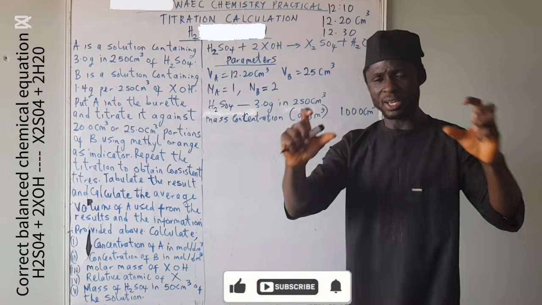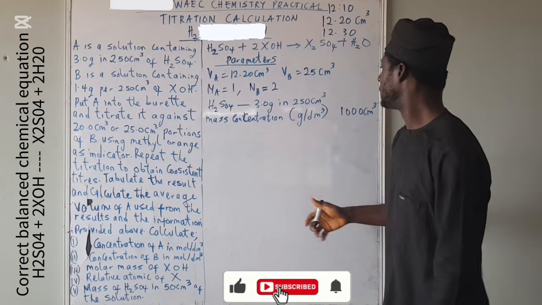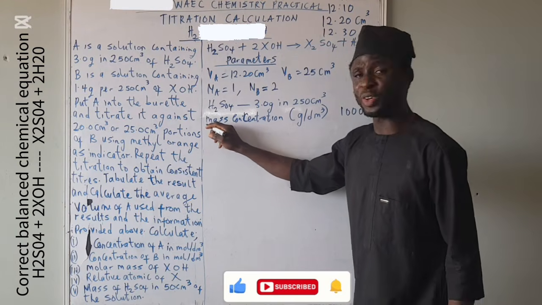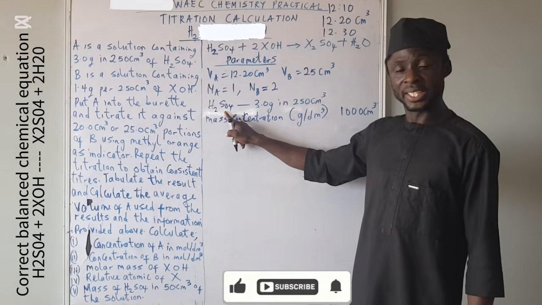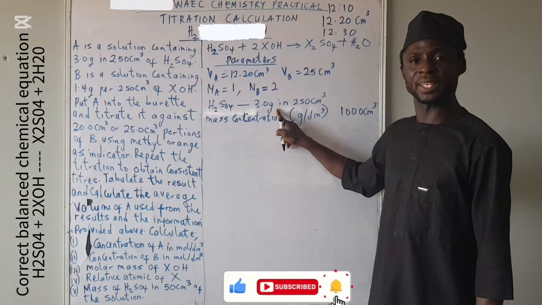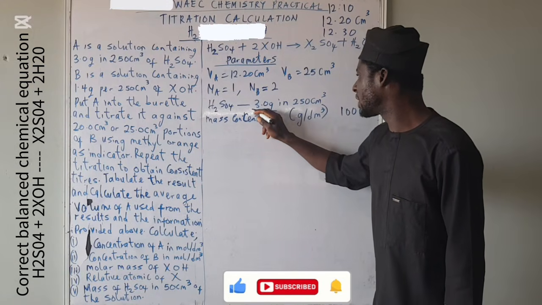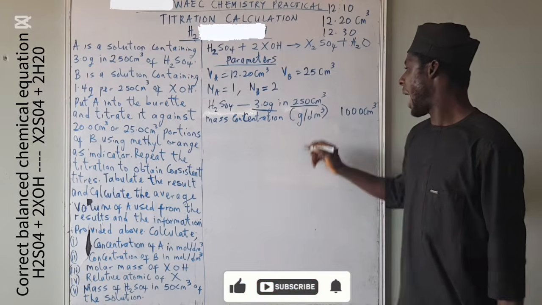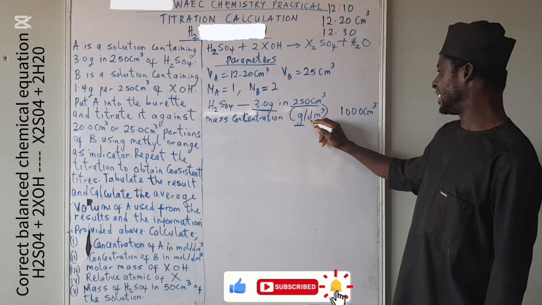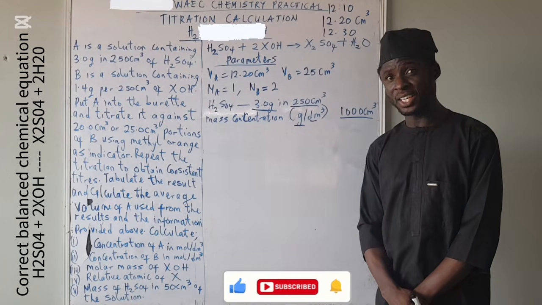That is the concentration that you are going to find. And that's why we have to first find our mass concentration of H2SO4. They didn't give it to us, but through the parameters they gave us, we can find it, because they are saying that they dissolve 3.0 gram in 250. But what are we looking for? How many gram will be in 1 dm3, which is 1000 cm3. That will give us our mass concentration.